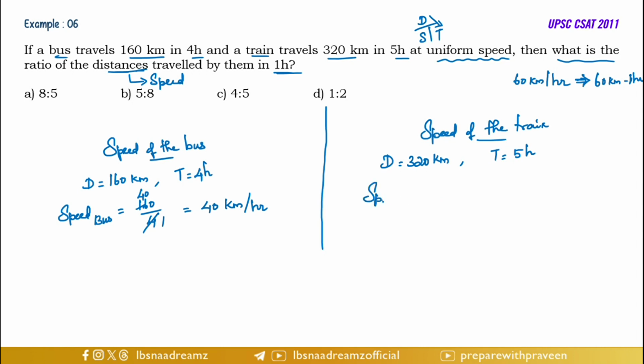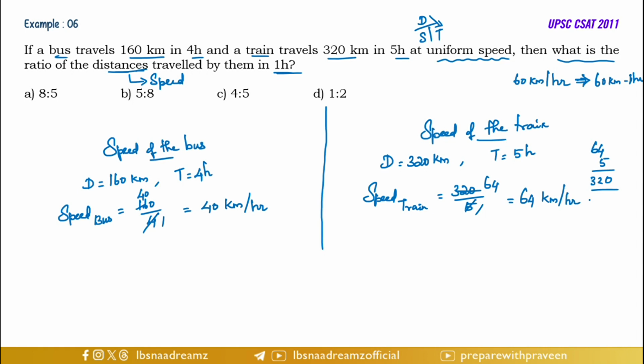So speed of the train is equal to distance by time, 320 by 5. 64, 5 4s are 20, 6 5s are 30, 32, right? So speed of the train is equal to 64 kilometer per hour.